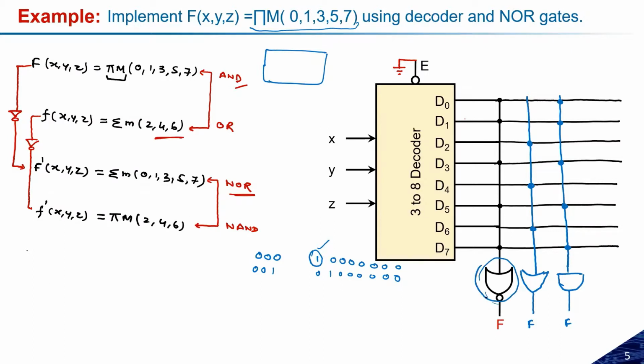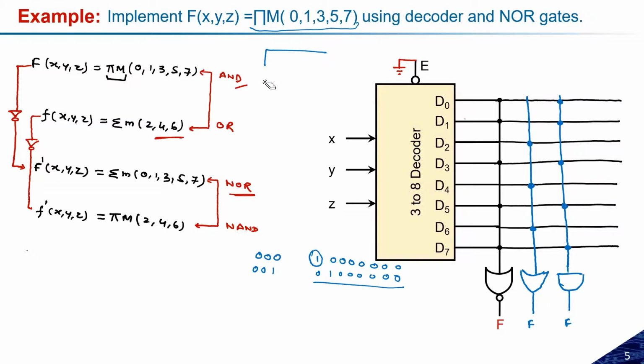Doubts are clear or not? Just do one thing, complete this table and try to get this function output based on this connection. Either you can use SOP or POS, anything you can use, and just try to get this function, and maybe your doubt will be clear.